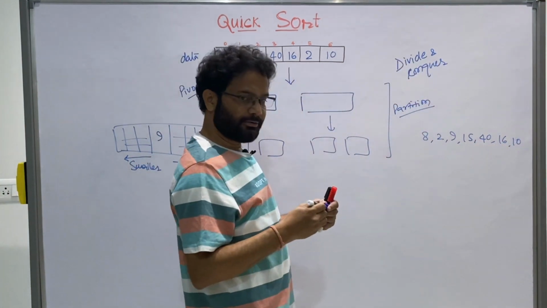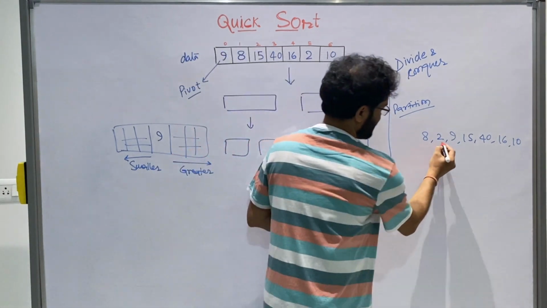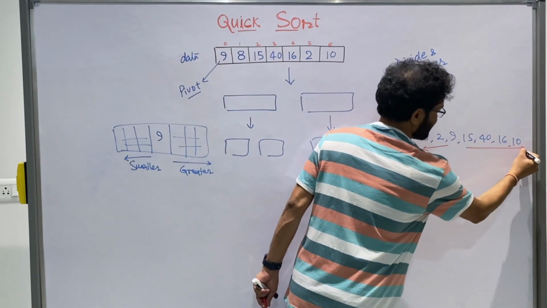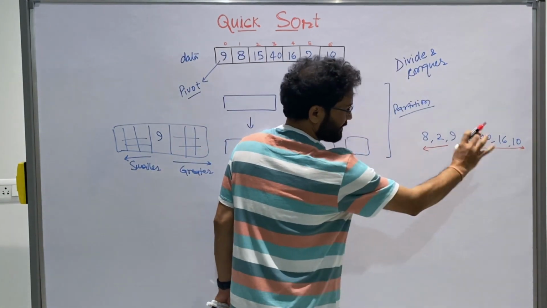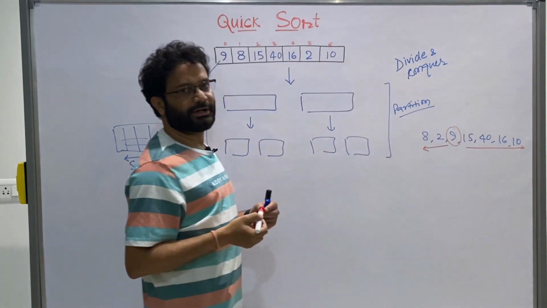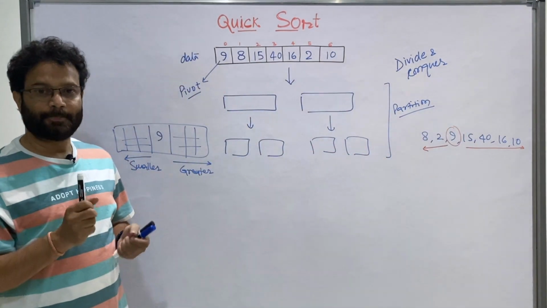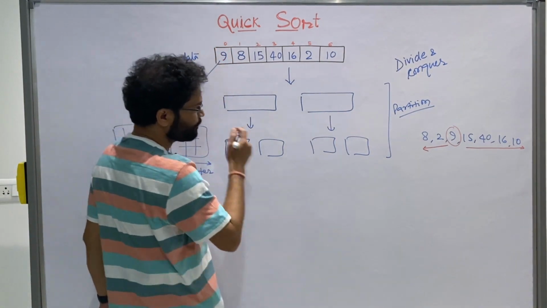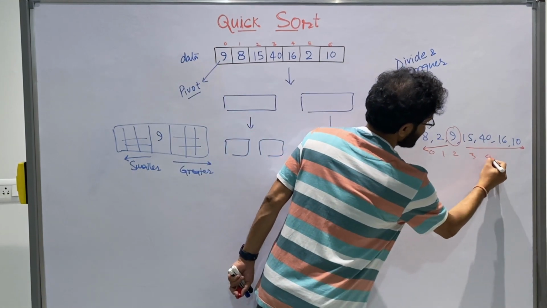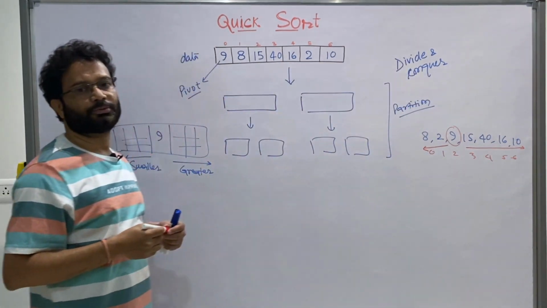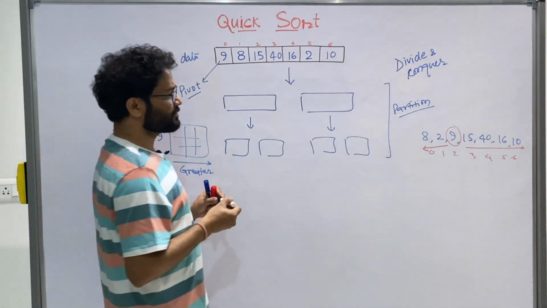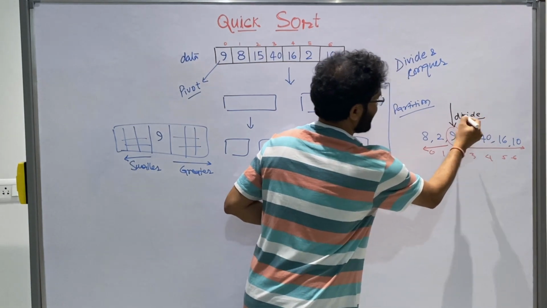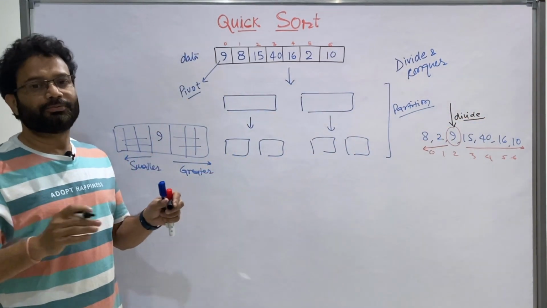Before the 9 are small numbers, and after 9 are greater numbers. So one element got sorted and came to its own position. Earlier 9 was at index 0, now it came to index 2. This position is called our division position. From here we will divide and make two sub-arrays to sort further.